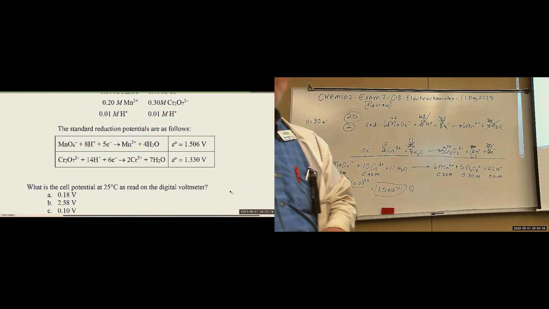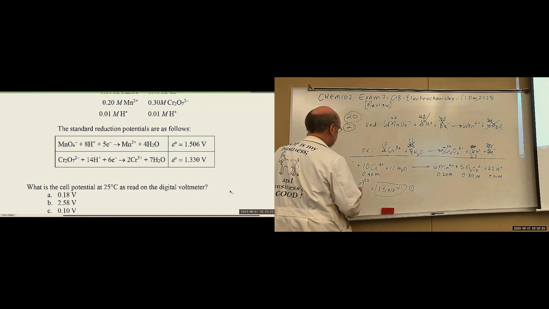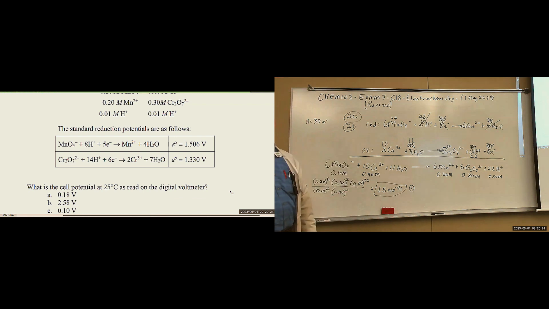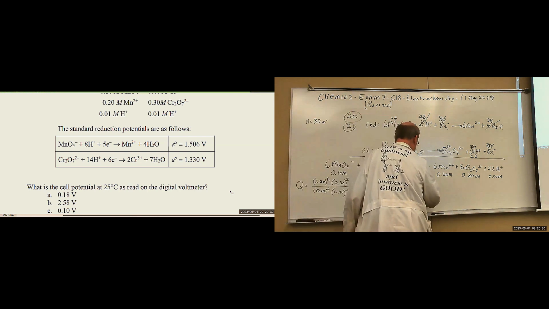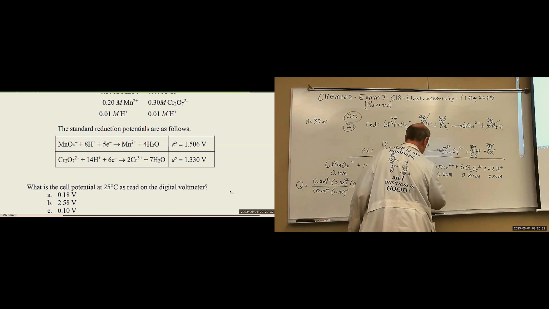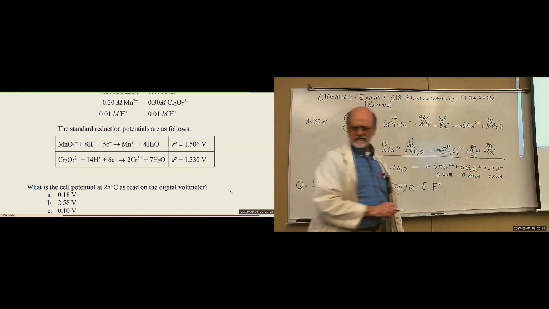And then this one, what is it asking on the same problem? What's the cell potential at 25 degrees? All right, I knew that was coming. So we need the Nernst equation, don't we? Everybody remember the Nernst equation? The actual E is equal to the standard E. Is it plus or minus?